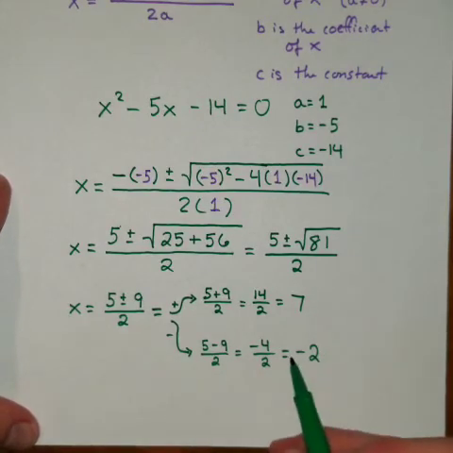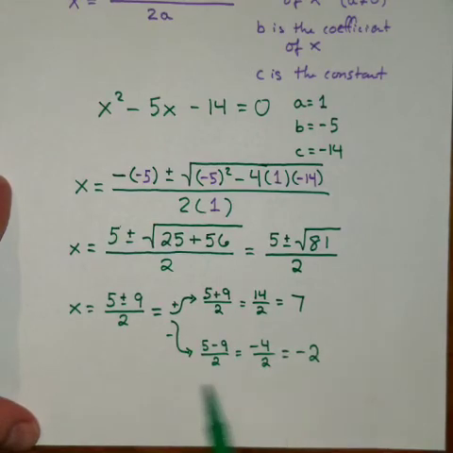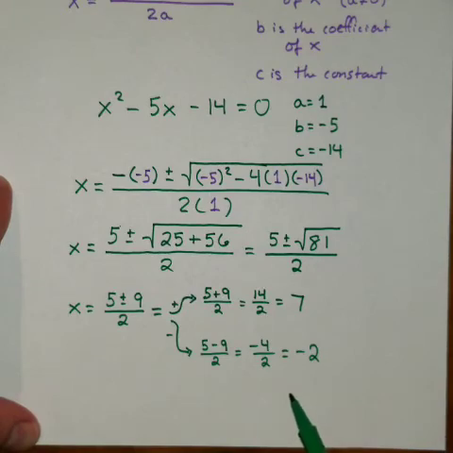Okay? Now, in the upcoming videos, you're going to see that I'm putting the answers in what we call a set form. That's just a formality. I'm not going to expect you guys to do that. However, the videos that I'm showing you for the rest of the examples are videos that I'm including for another class as well, and they are required to do the set form.